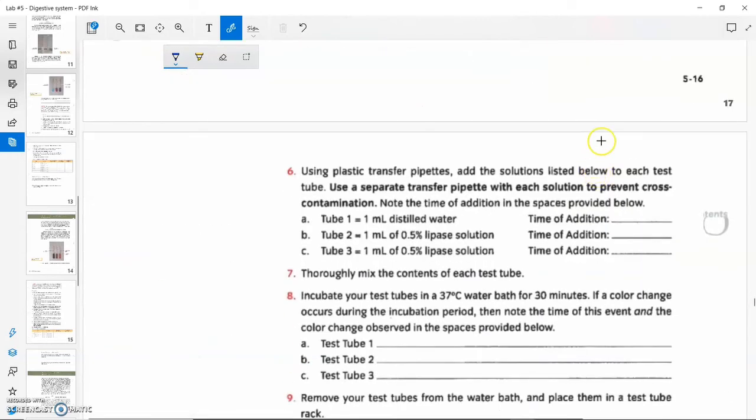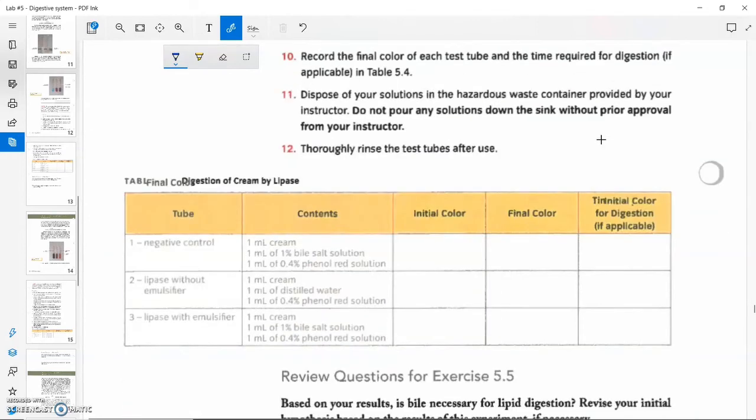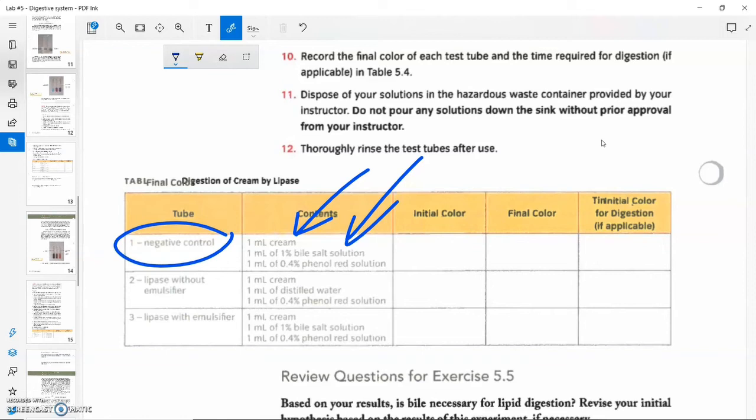So here we have kind of an interesting mix. We have a first tube, the negative control tube, which contains cream, that's the source of fat, bile salt, and phenol red.